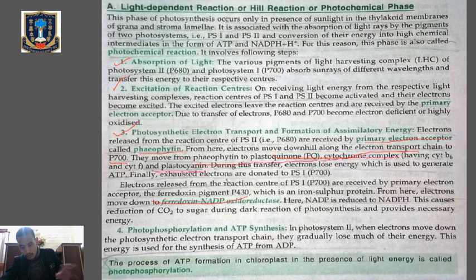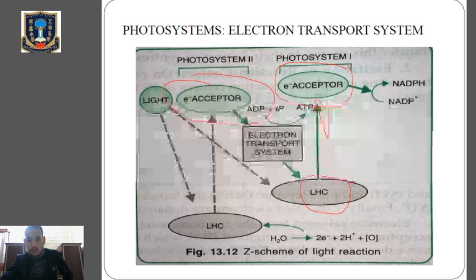And during this transfer through the electron transfer systems, the electron will lose energy, which is used to generate ATP. Okay, and finally the exhausted electrons, which are devoid of energy, are being given to PS1. So let's go back to the figure.